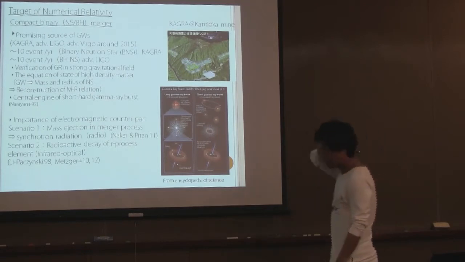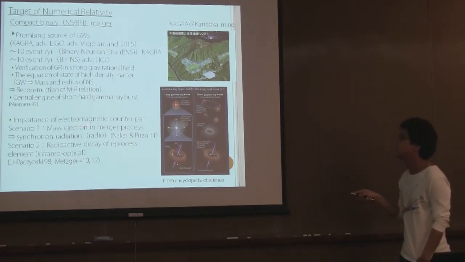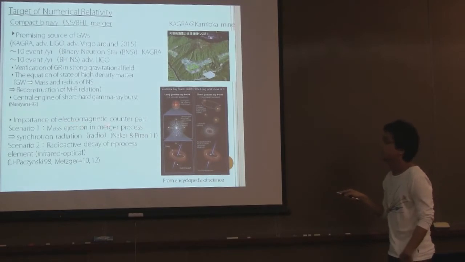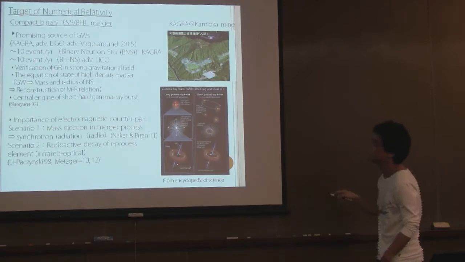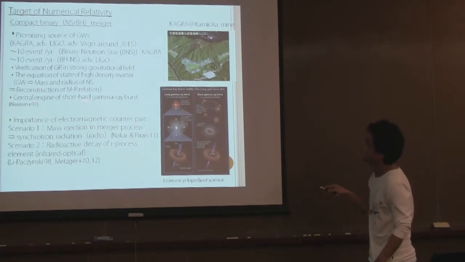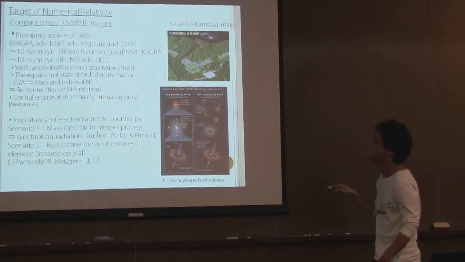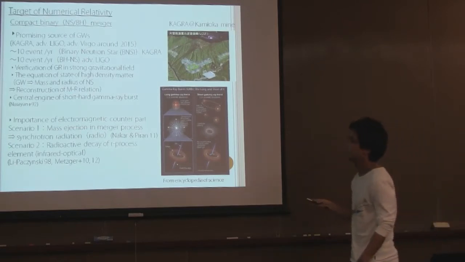Motivated by this, researchers in this field are now seriously discussing what the electromagnetic counterpart of compact binary merger is, apart from the hypothesis that short hard gamma-ray bursts are driven by compact binary mergers. There are two conservative scenarios.